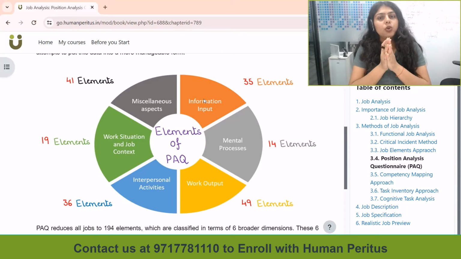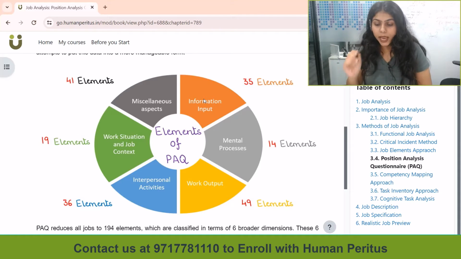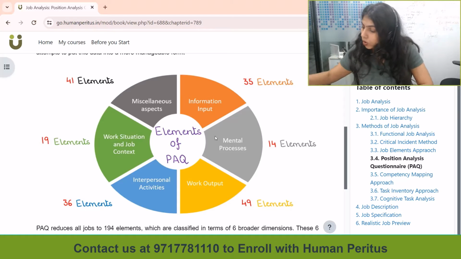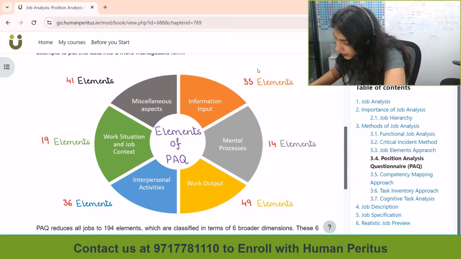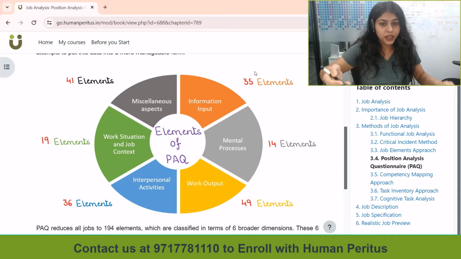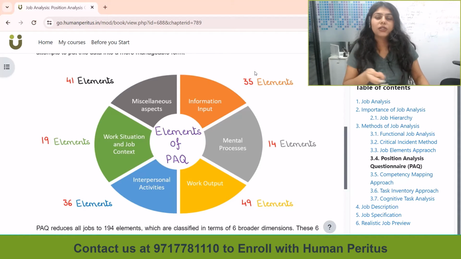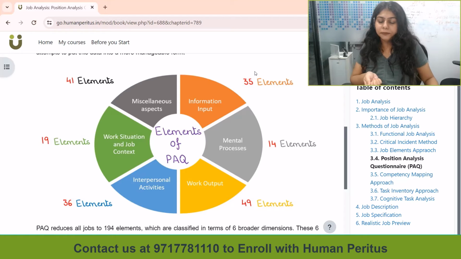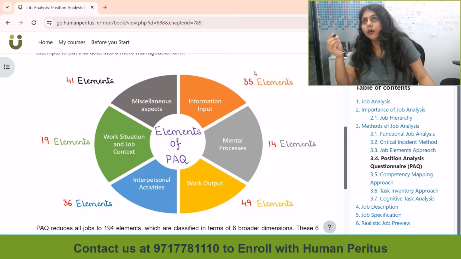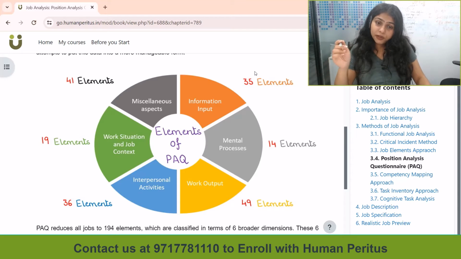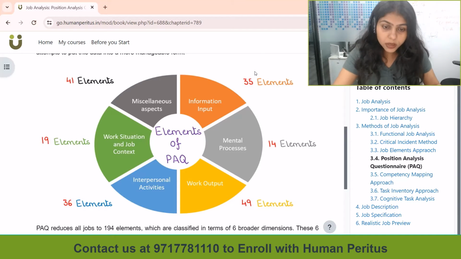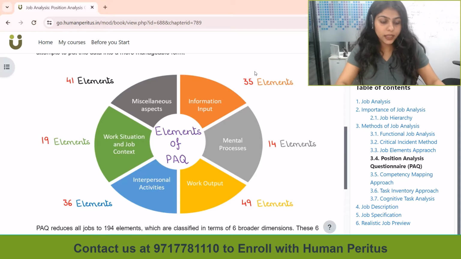So all the jobs that require inputting the information will be categorized into this dimension. For example, since we are inputting information, let's take the collection of customer information, or let's say data entry, wherever the information is being input is categorized in the information input category.